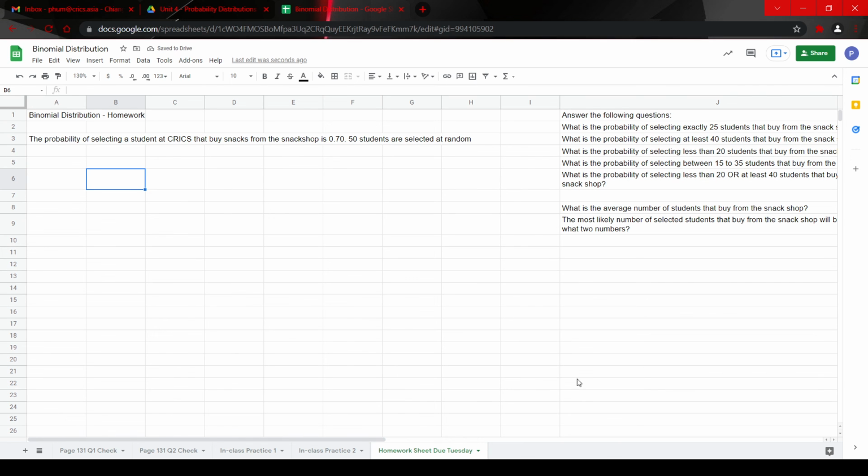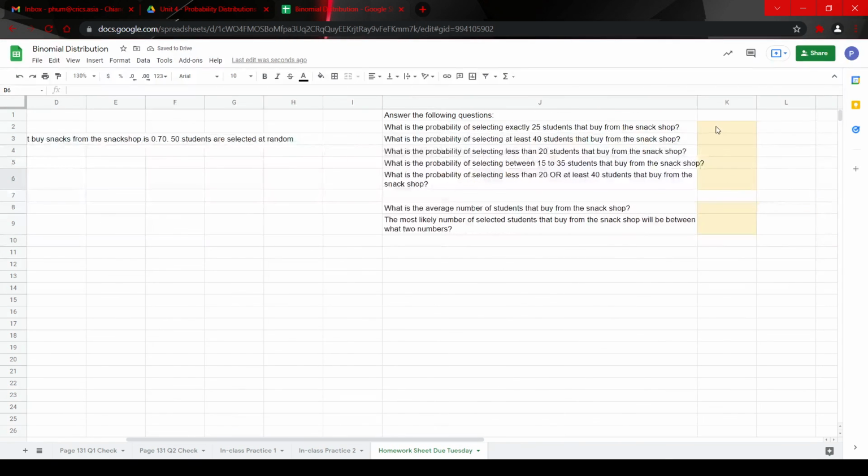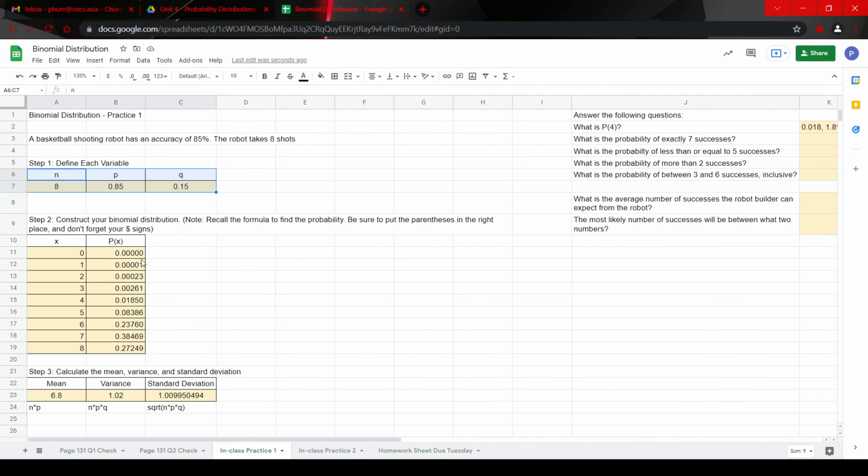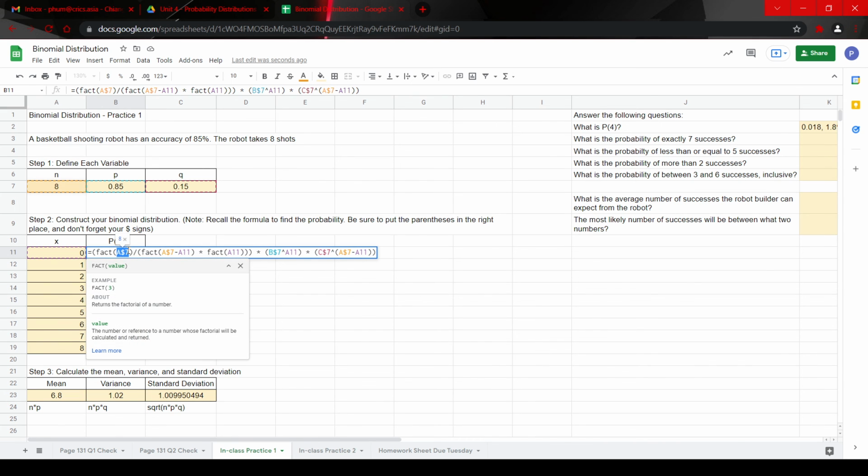make sure you answer the questions on the side here. And yeah, important things: parentheses, make sure they are in the right place. This is, once again, the formula. You might have put your N, P, and Qs in different places, so make sure that all these symbols, your locations, are where your variables are.